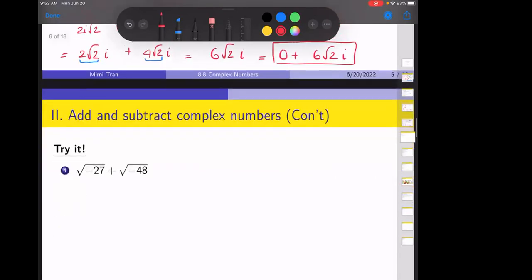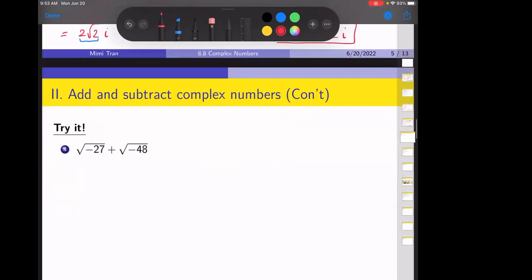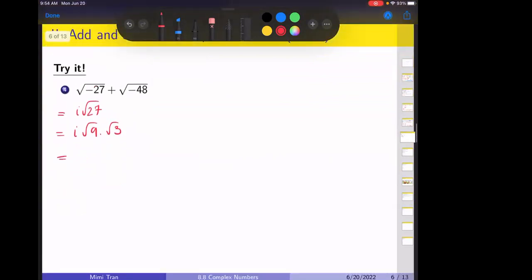All right, so Corey, tell me how you simplify root negative 27. Good. Yeah. Right, thank you. Kobe, tell me how you simplify negative root 48.